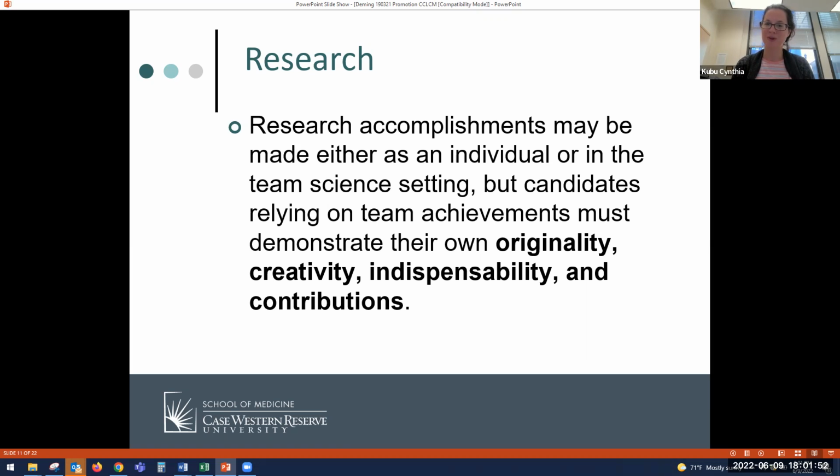It is more and more common that we have collaborations, that research requires expertise in many different fields to make it work. So you may have this niche, and we recognize that even if it looks a little different. You may not be the PI of a grant, you may not be first or last author, but you are bringing original, creative, indispensable contributions to that team, and as a result, you're integral.